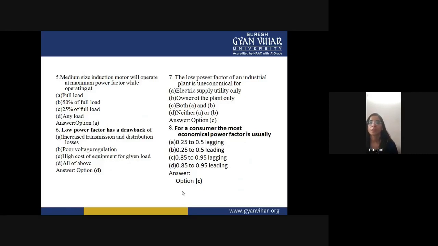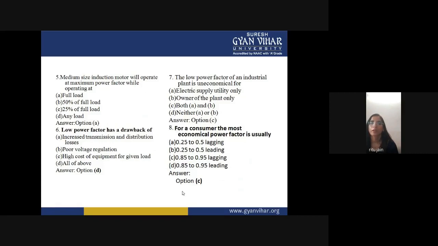Now, a medium size induction motor will operate at maximum power factor while operating at full load, 50% of full load, 25% of full load, or any load. Option A is the right answer: the induction motor will operate at maximum power factor at full load. Next question: low power factor has a drawback of increased transmission and distribution losses, poor voltage regulation, high cost of equipment for given load, and all of the above.